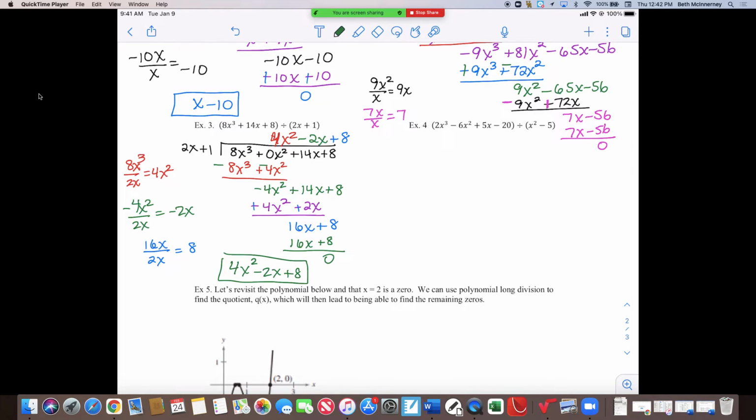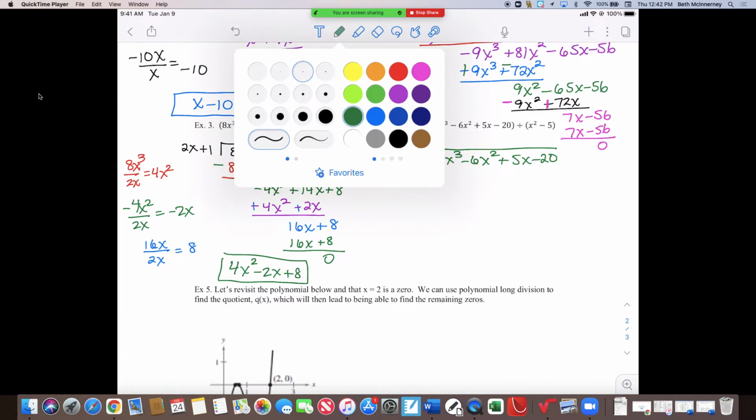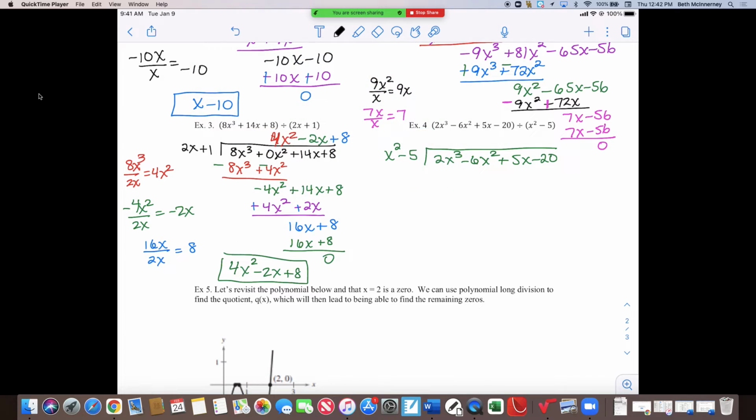All right, let's try it again. So here we go. I've got x squared minus 5 dividing into 2x cubed minus 6x squared plus 5x minus 20. I personally enjoy polynomial long division. I think it's fun. So I'm going to take 2x cubed over x squared.